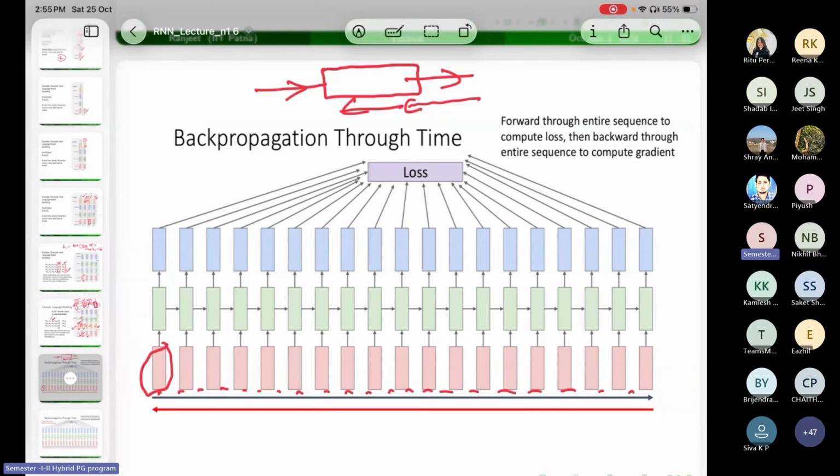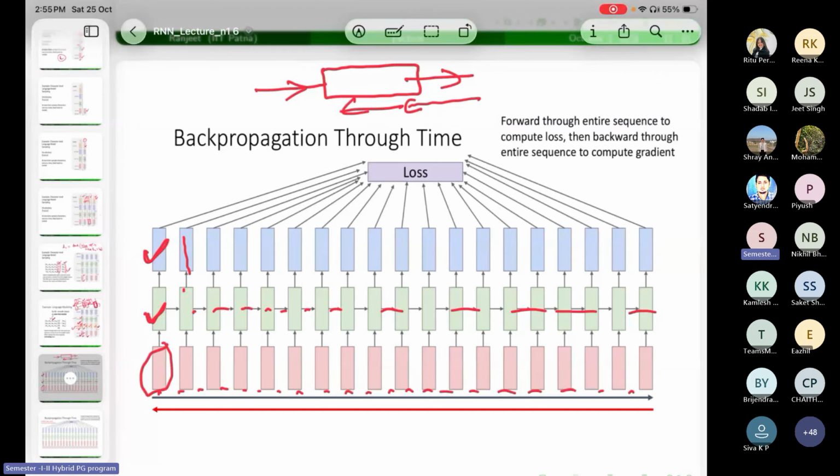So one input and the past state, combining these two things will give you the current state, and then using the current state you can get the output.